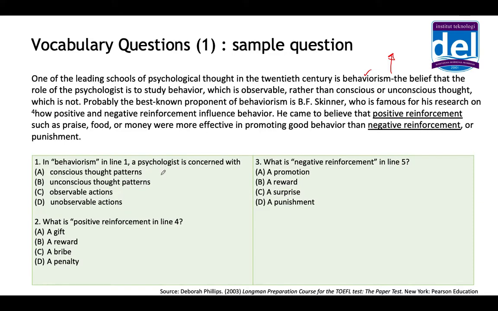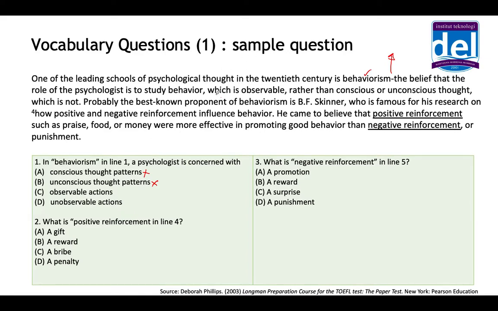If we try to look at the options, option A says conscious thought patterns. This is the wrong answer because the psychologist is concerned with the observable one. Similar to A, option B is also not correct. And what about option C? It's observable actions.